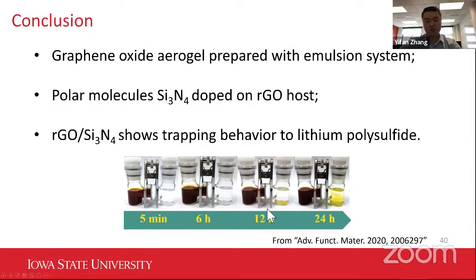After some time, you can see the color change on the right side. If there is barely any change on the right side, you can say that the cathode material has a very strong trapping behavior to the polysulfide.